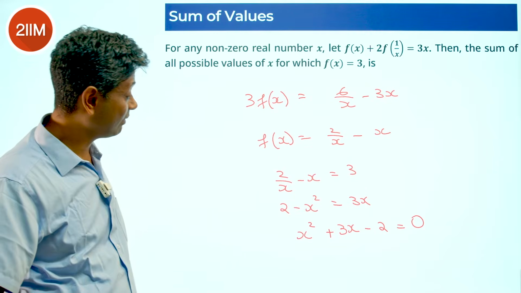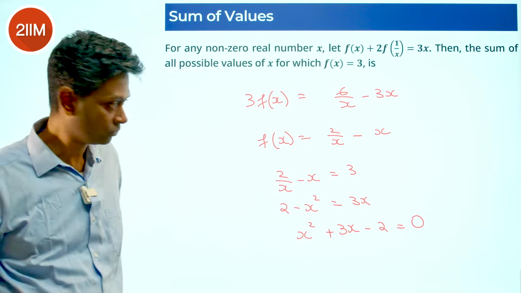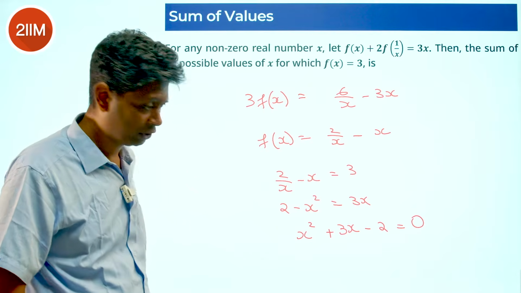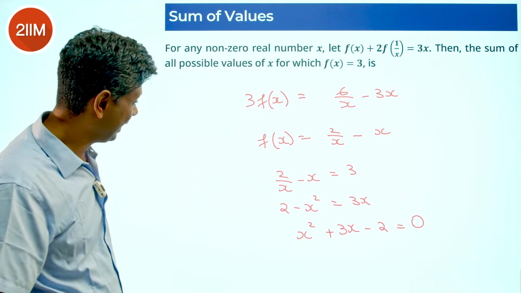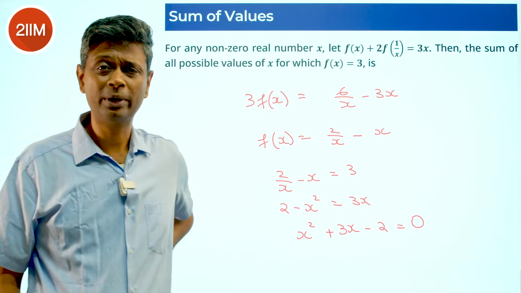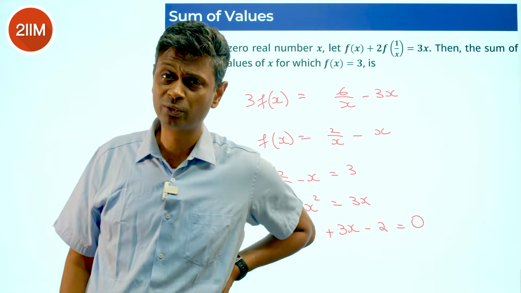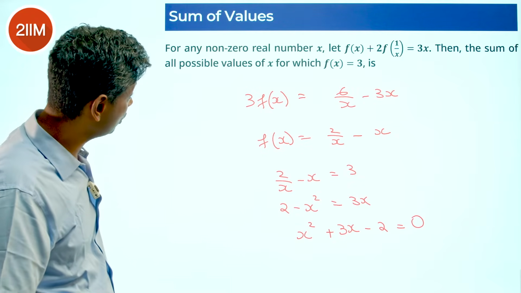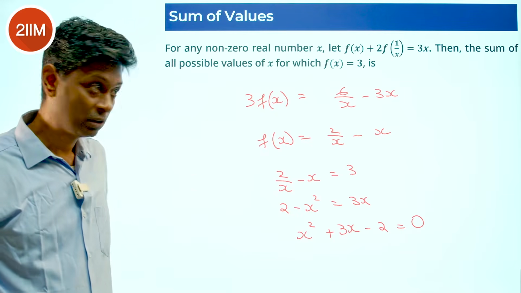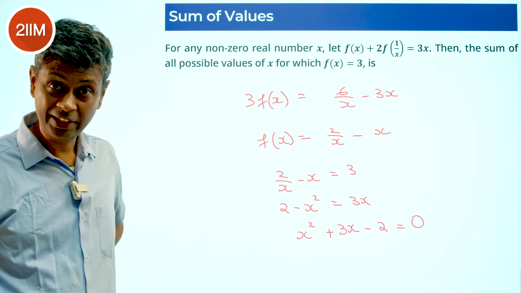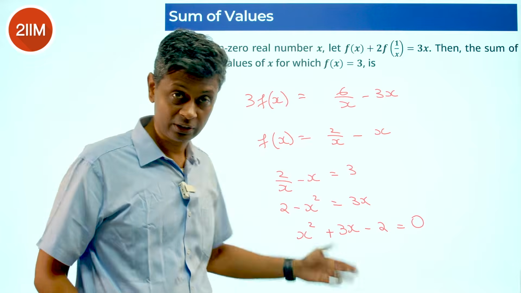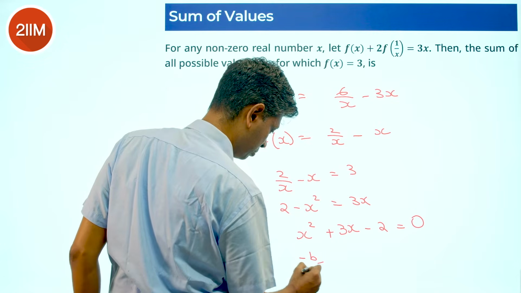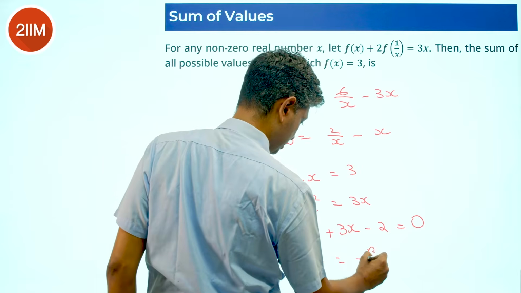There are some real values of x where this works. I'm sure we could complete the square, or use minus b plus or minus square root of b square minus 4ac by 2a, but we need the sum of all possible values of x for which f of x equals 3. It's just the sum of the roots of this equation, minus b by a, which is minus 3.